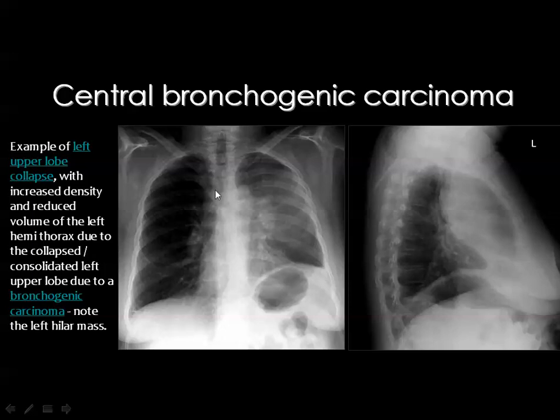And here you can see soft tissue density superimposed on the left hilum with homogeneous opacity in the left lung field proved to be in the left upper lobe in the lateral view. And also you can see the ipsilateral diaphragmatic elevation.